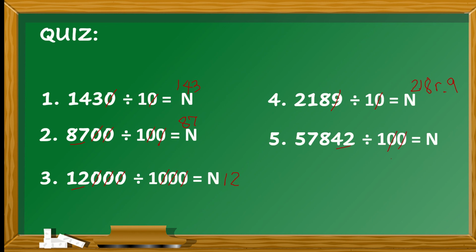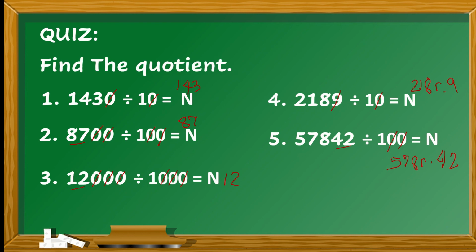So, the answer is 578. Remainder 42. Okay, do we have the same answer? Sana 5/5 ka ha. Sana meron kang natutunan sa akin ngayon. Ang finding the quotient.